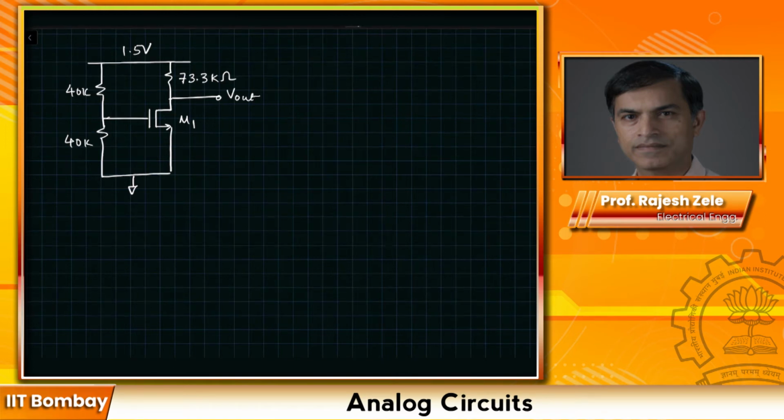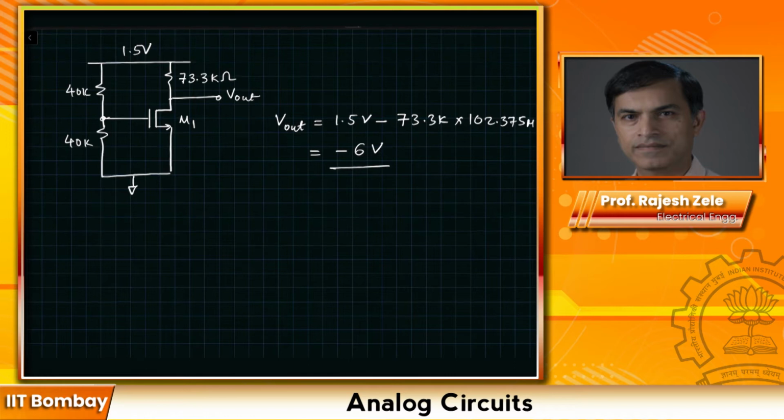If we had done similar analysis like before, assuming M1 in saturation, then our output voltage Vout would have been 1.5 volts minus 73.3K times 102.375 microamps, and that would have given us a value of minus 6 volts.